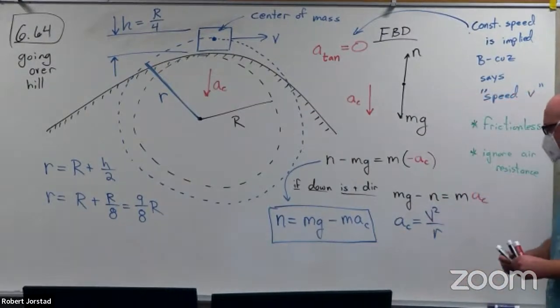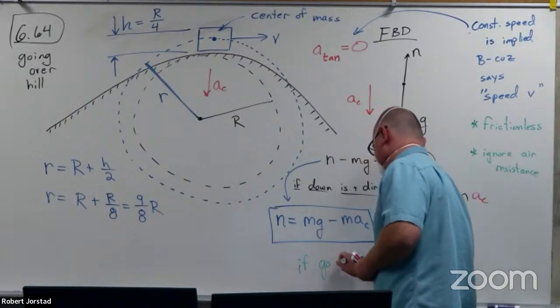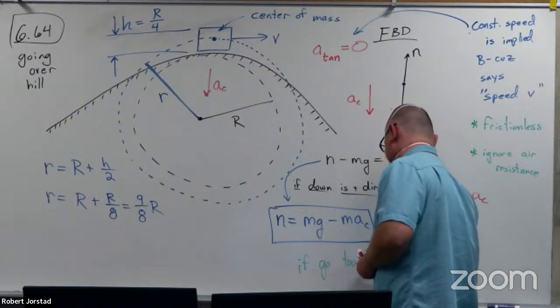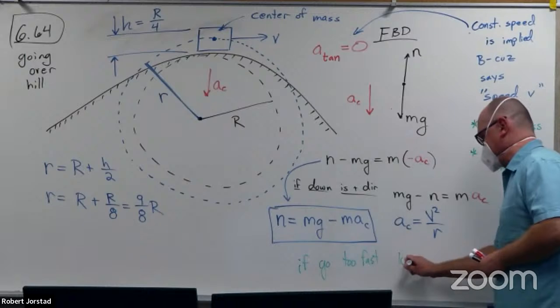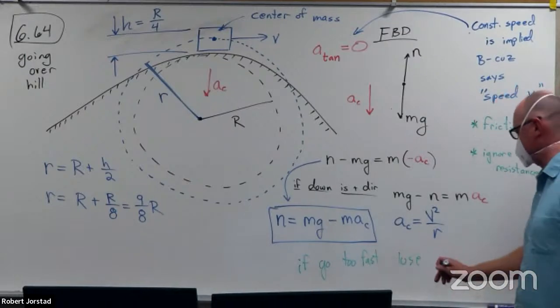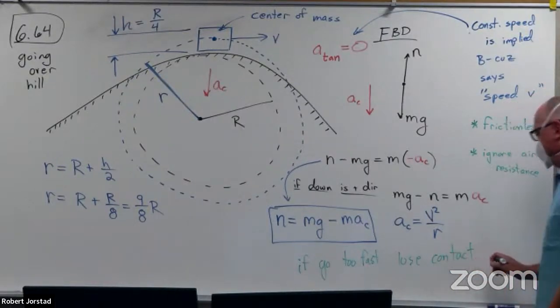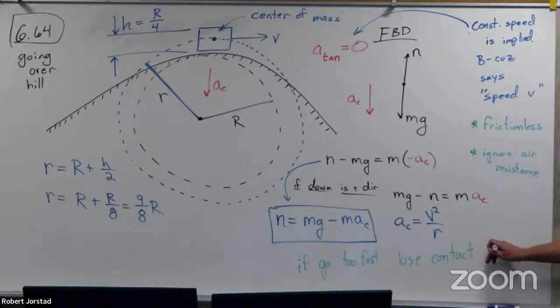Sorry, you guys can't see it, but if you go too fast, you lose contact. So I'm going to say that again so you can hear that. If you go too fast, you lose contact. If you lose contact, what happens to the normal force? I'm going to write that up here so you can see that.